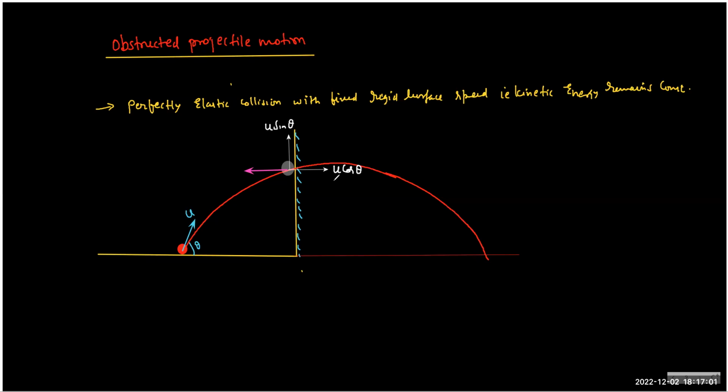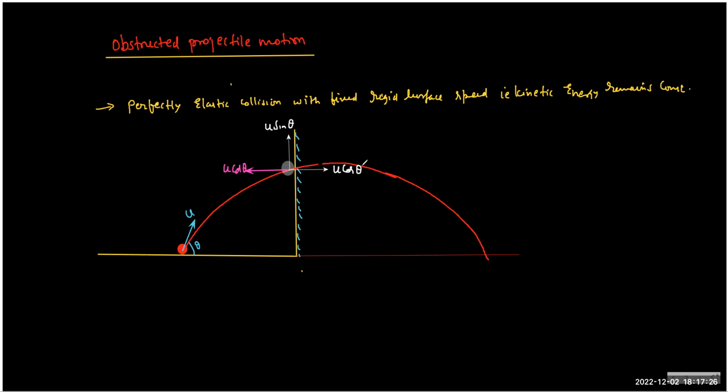And we will also consider that the duration of impact is negligible. So it will not spend any time there, it will just come back. So if u cos theta gets reversed due to the impact, what will happen? The journey which you were supposed to travel on the right, the same journey you are going to travel now on the left. That is the whole idea.